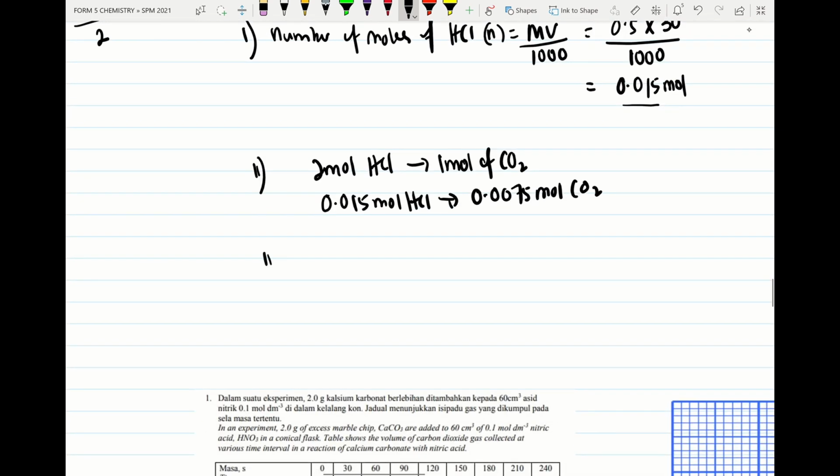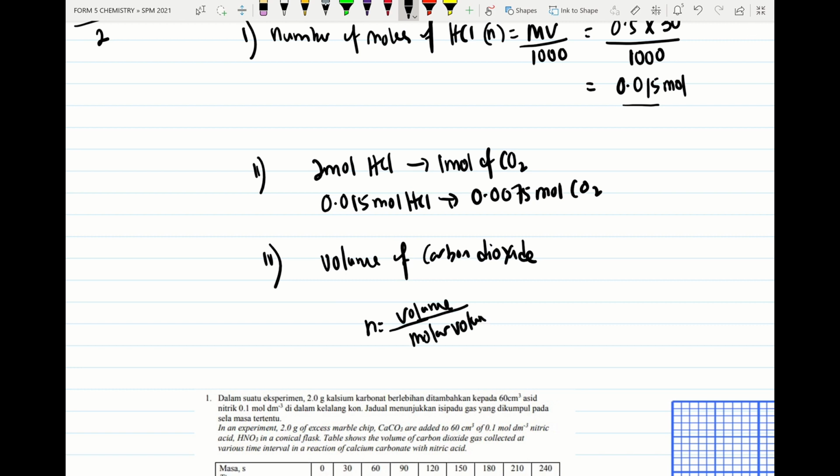And the final step, we need to find the volume of carbon dioxide gas. From the formula n = volume divided by molar volume, we rearrange to find the volume: n times molar volume, which is given in the question.